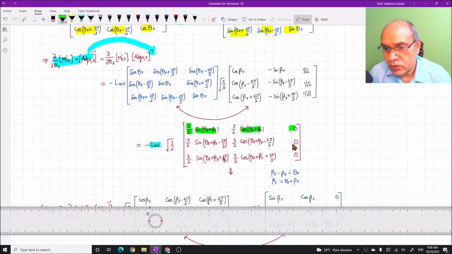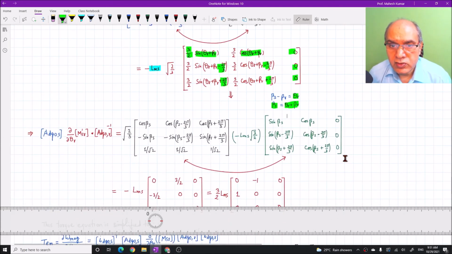This is 0, 0, 0, and then minus 2 pi by 3 in each, and then plus 2 pi by 3. We know that beta s minus beta r is theta r, therefore beta s is the same as theta r plus beta r. So we can replace theta r plus beta r with beta s. So this equation becomes minus LMS root 3 by 2, because 3 by 2 is common.